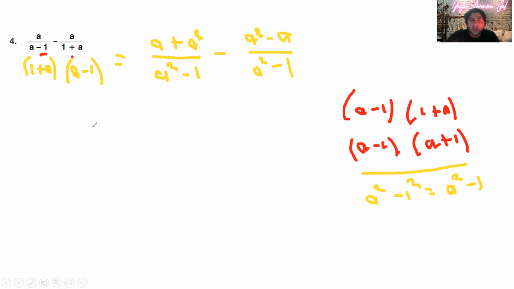Okay, then let's continue with this. That equals, right, because now as you can see, my denominators are the same, so I'm just going to add the numerators.